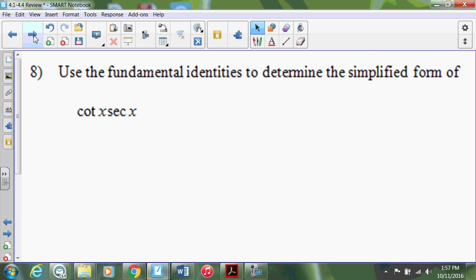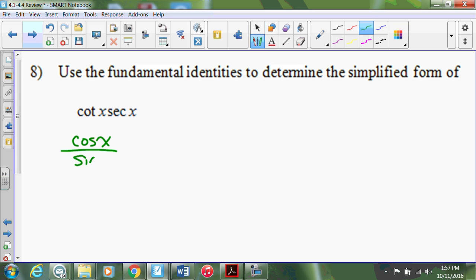Okay, use the fundamental identities to determine the simplified form of cotan x times secant x. In this case, when you want to simplify, your best strategy is to change everything into terms of sine and cosine. So when I see cotan, I know that cotan is cosine x over sine x because I have memorized my identities, right? I know you have too.